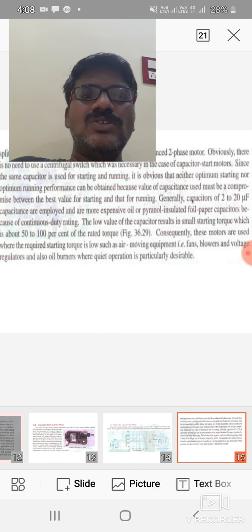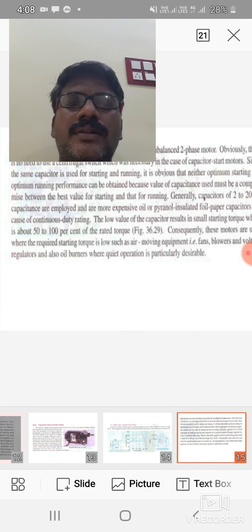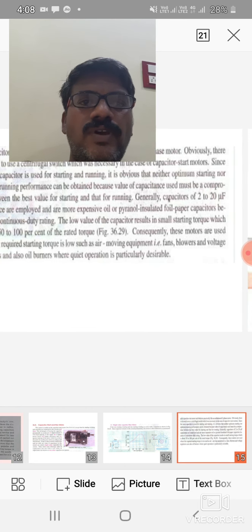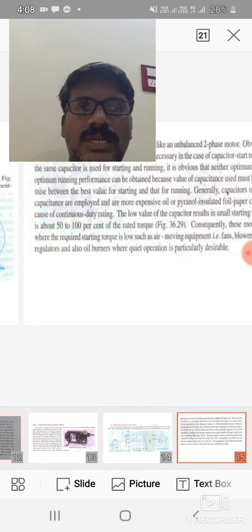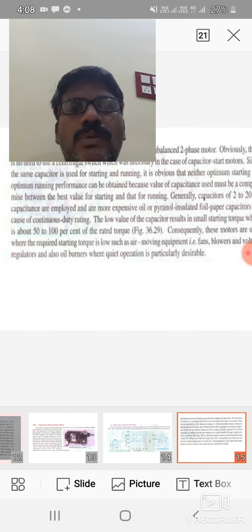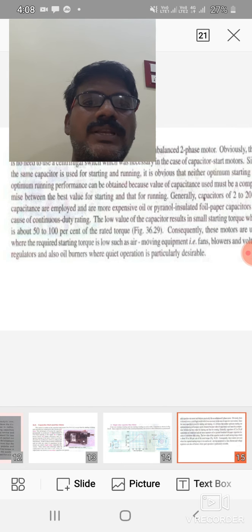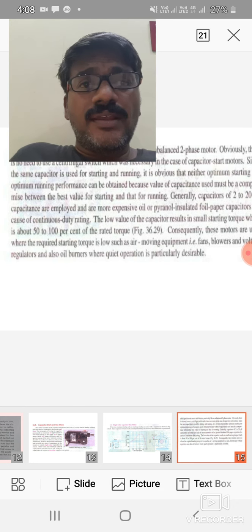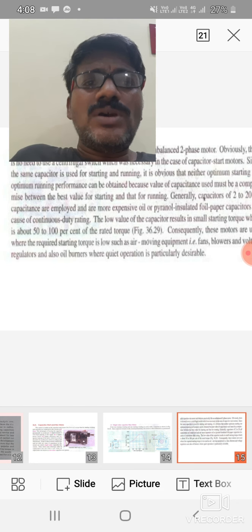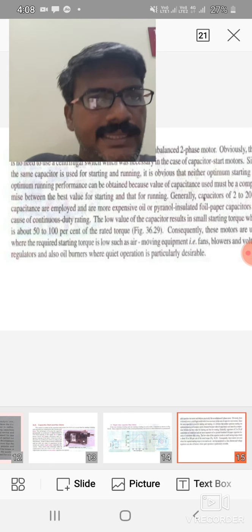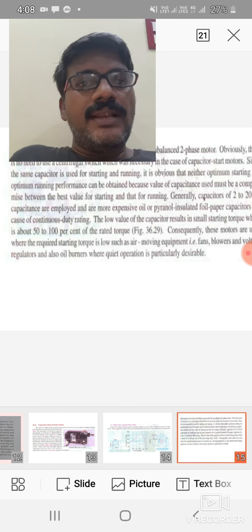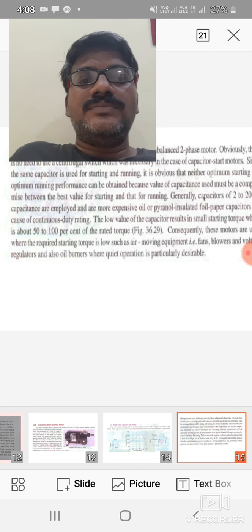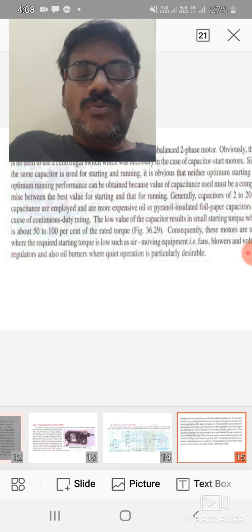Consequently these motors are used where the required starting torque is low, such as air moving equipment, that is fans, blowers and voltage regulators, and also oil burners where quiet operation is practically desirable. So it is used where very noiseless operation and low starting torque are required.